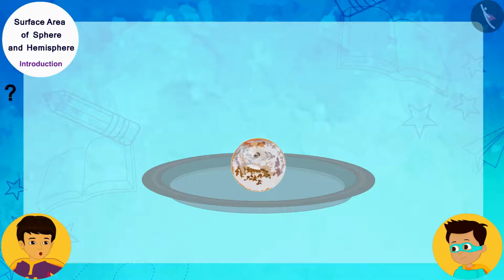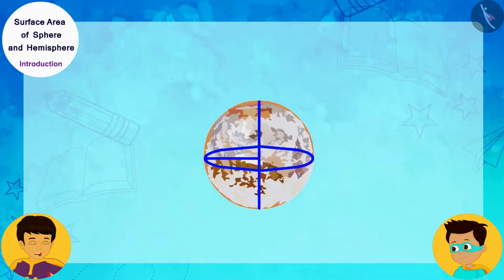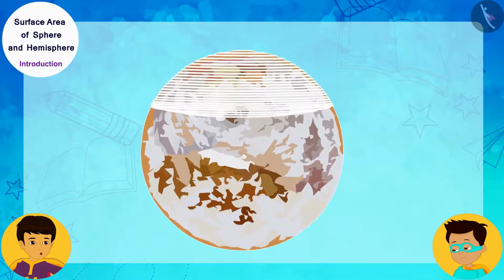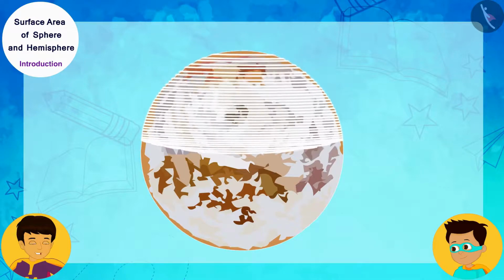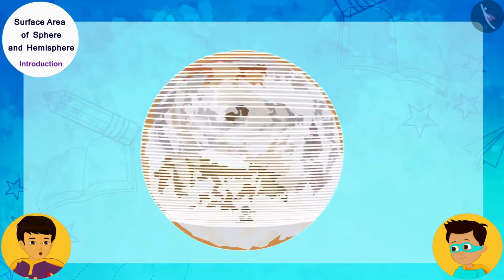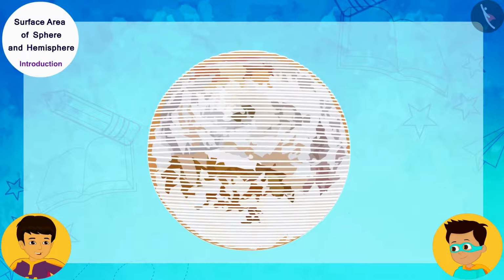Then let us find the formula for the surface area of a sphere. Suppose the radius of this spherical sweet is r. Now imagine if we wrap a string on this sphere in this way and keep wrapping it on the sphere till it covers the sphere completely.